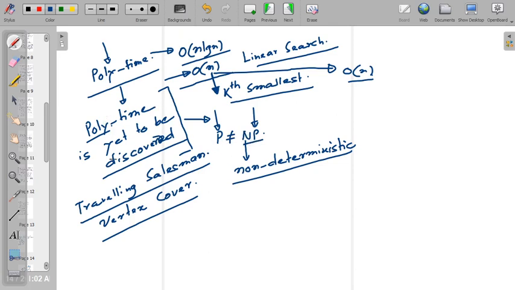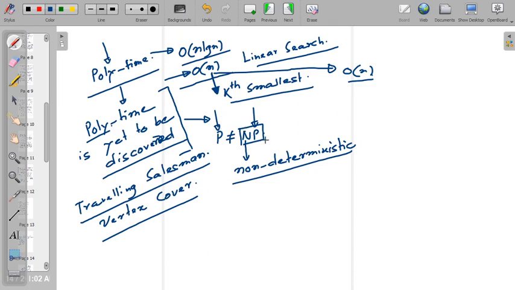So we have to classify those problems which seem harder. We have introduced a concept called non-deterministic polynomial. In this non-deterministic polynomial class, polytime algorithms are also existing, and hard problems are also existing.